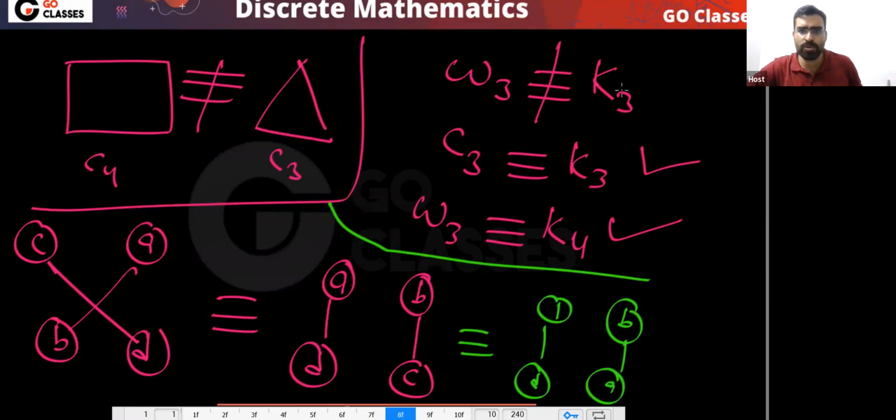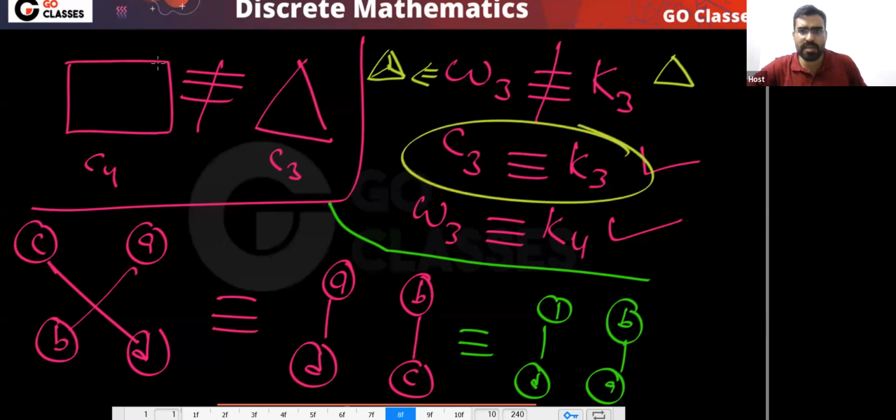And tell me, what about W3 and K3? Are they isomorphic? Do you remember what W3 is? W3 we get from C3. So this W3 is like this, and this K3 is basically this. So this K3 is actually the same as C3, correct?